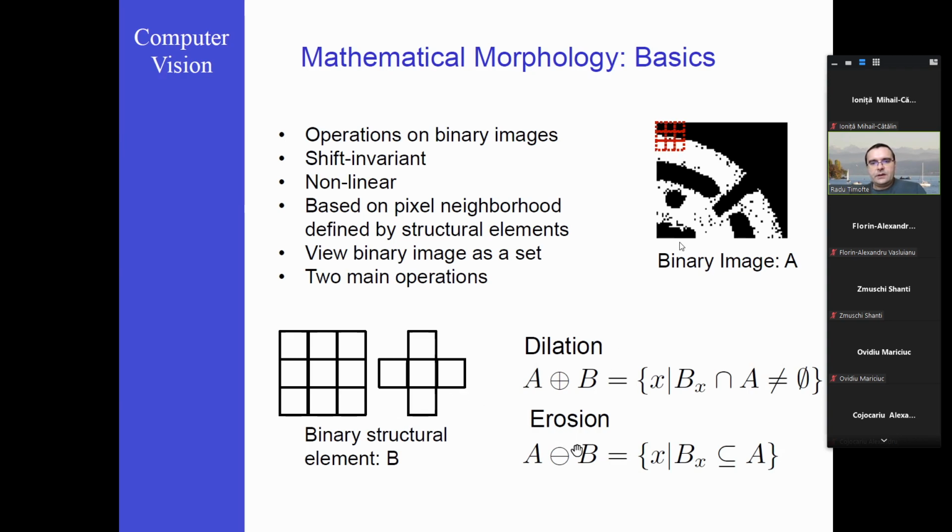In the case of erosion, it is the opposite. If there are pixels in the mask that are belonging to the background, then we are ending up removing those pixels.